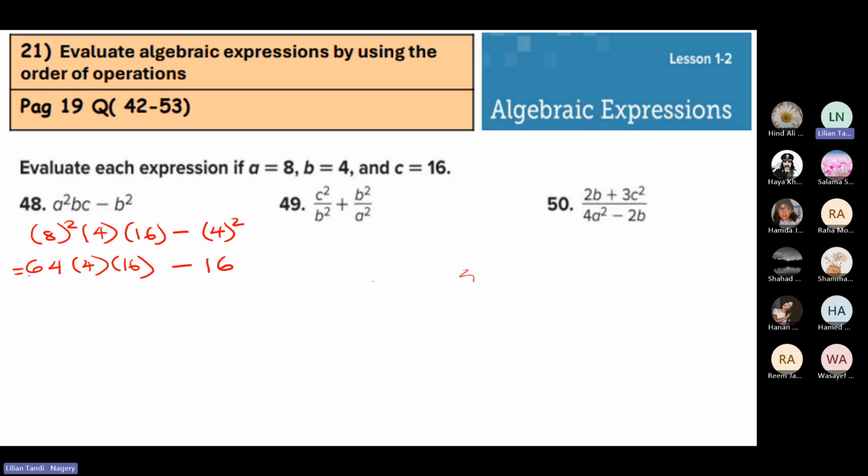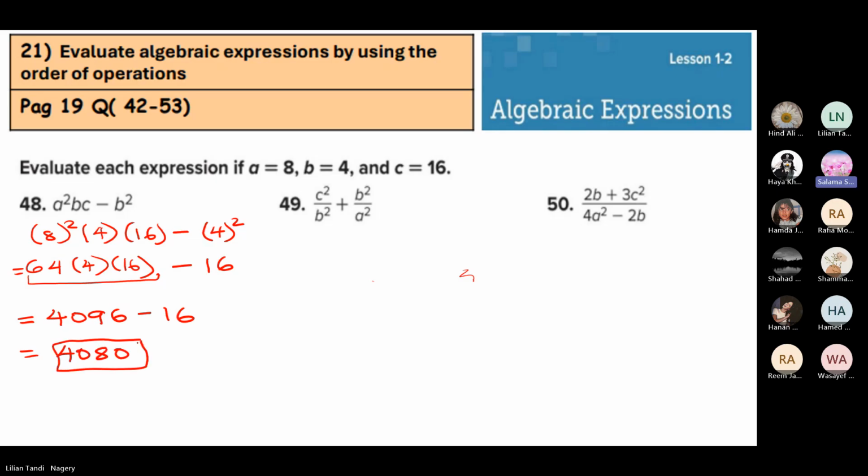Then I can put all this in the calculator, and that should give me 4096. Somebody confirm. Yes, Miss. Okay, very good.